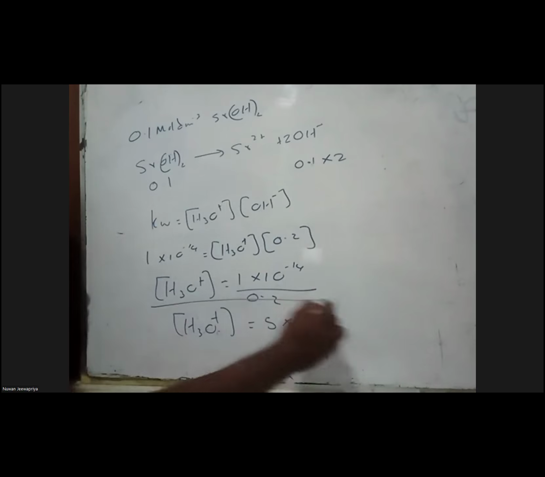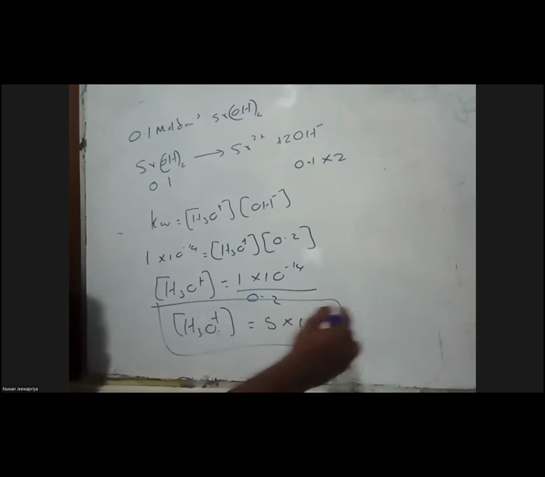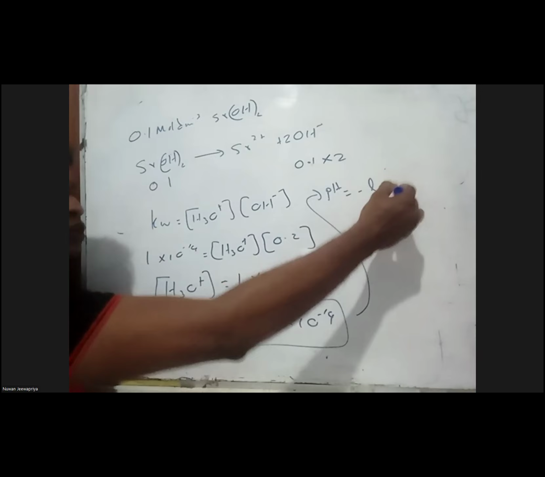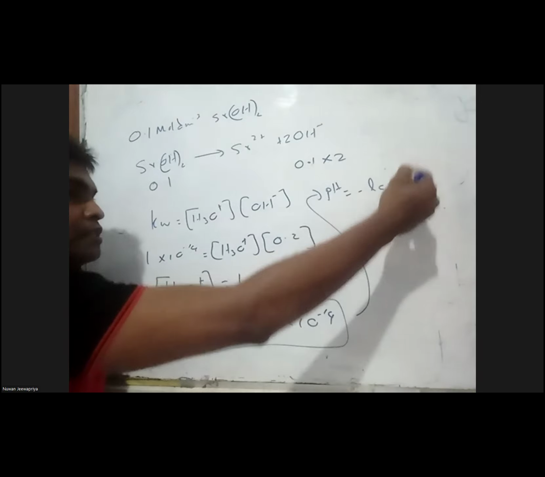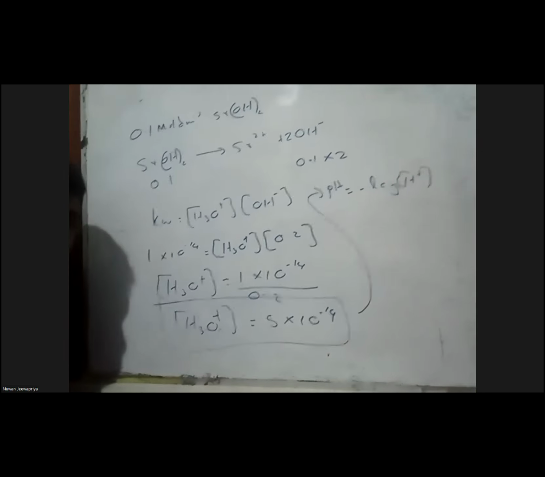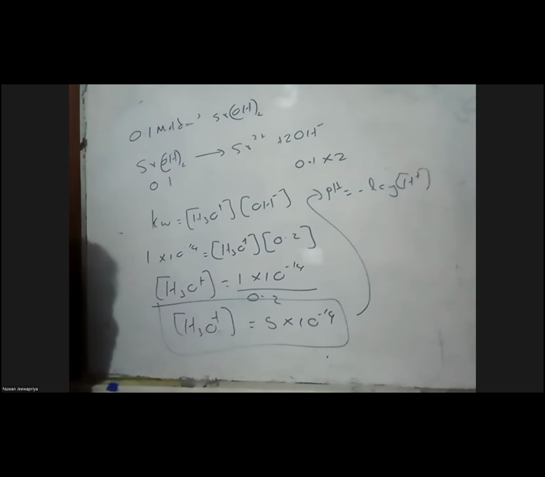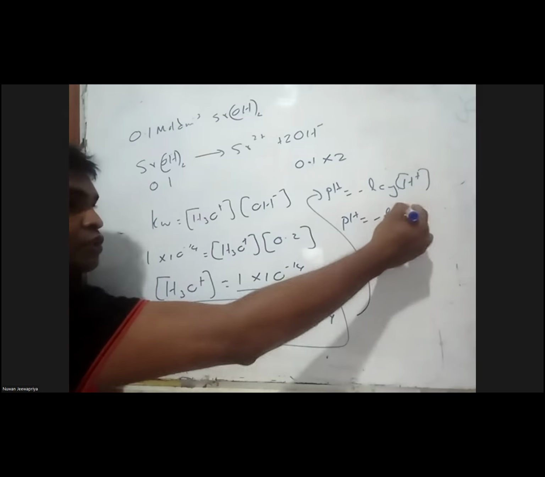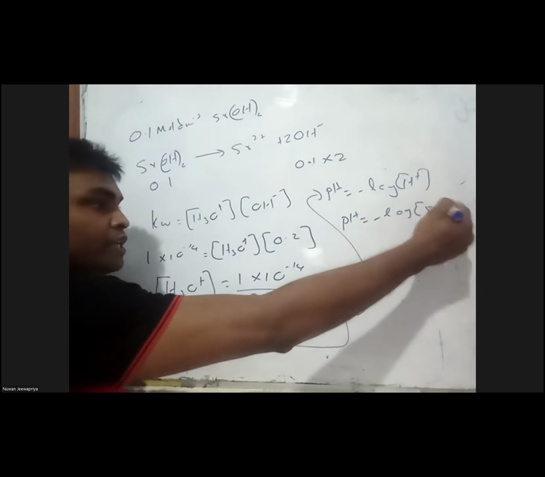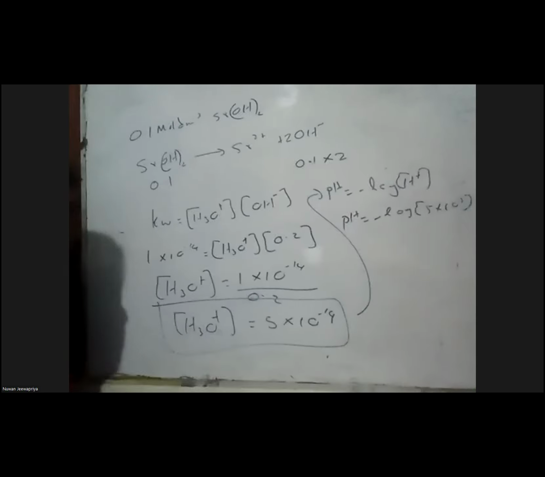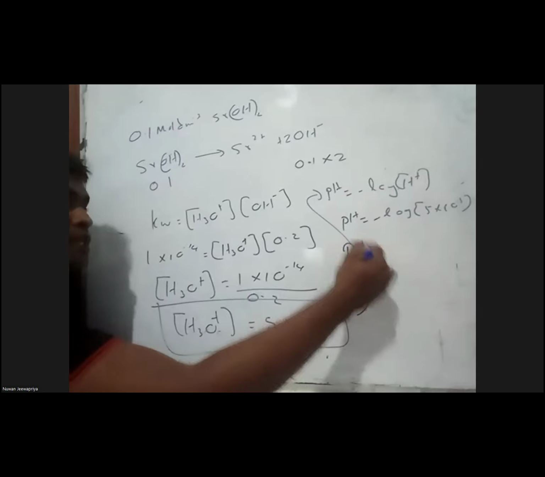So now you know H plus concentration, so you can find the pH. The pH is equal to minus log H plus. So the pH is equal to minus log 5 into 10 to the power minus 3.